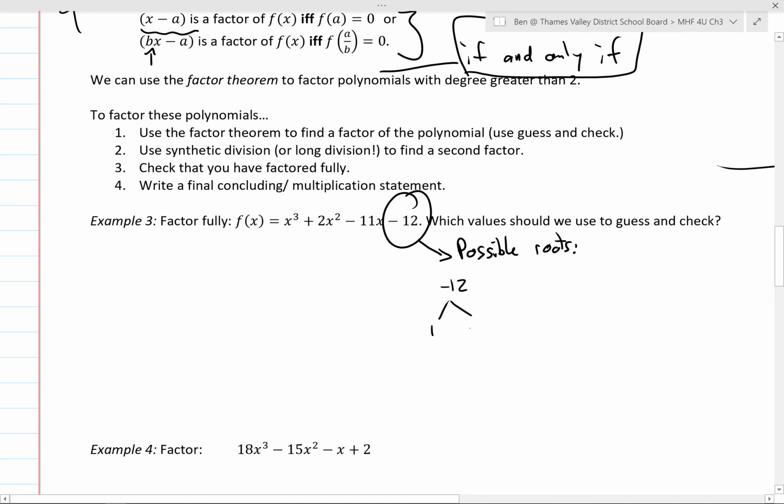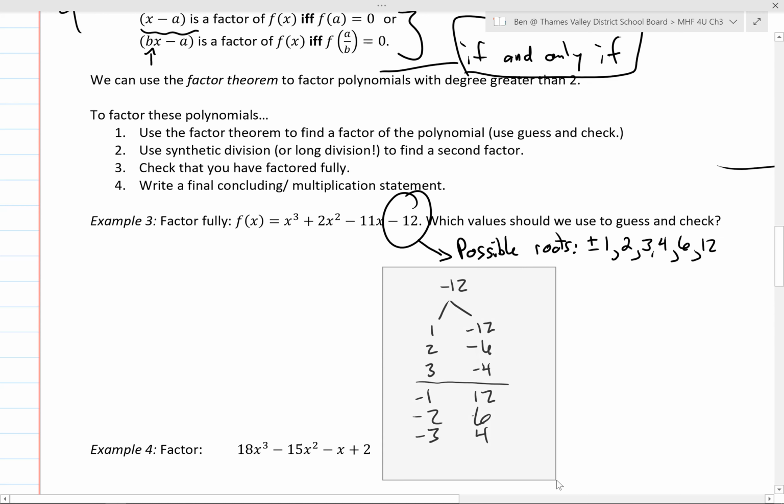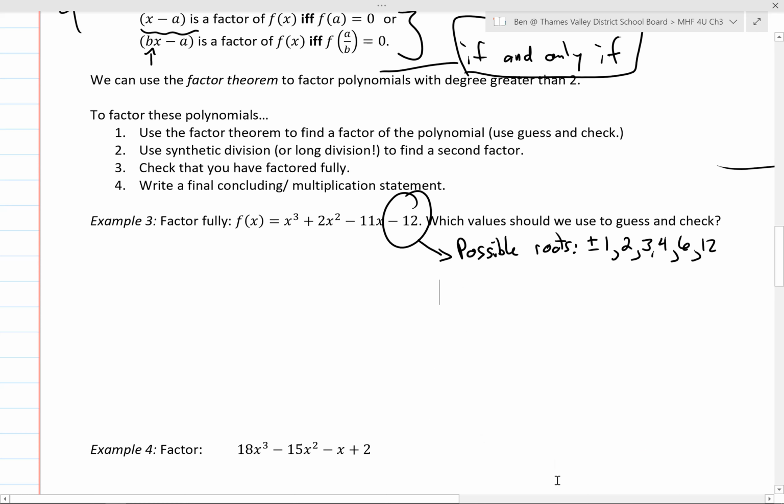I can say, okay, -12, my factors are 1, negative 12, 2, negative 6, 3, negative 4, and then all of those negative versions. So if I list all of those numbers, my possible roots are plus or minus 1, 2, 3, 4, 6, and 12. And you might say, Mr. Pasotka, that seems like an awful lot of work to check to see if every single one of these values is a factor of this polynomial.